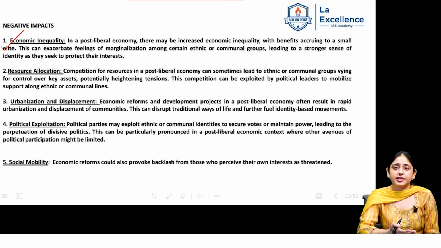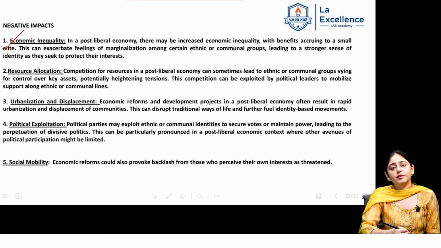Say, for example, we can take the Sachar Committee report, which tells that socio-economic parameters among Muslims went down. So if these economic inequalities increase, obviously your religious identity will become important. You will start asking for benefits from the state based on your religion. So again, this will lead to a certain kind of disorder or chaos in the society.